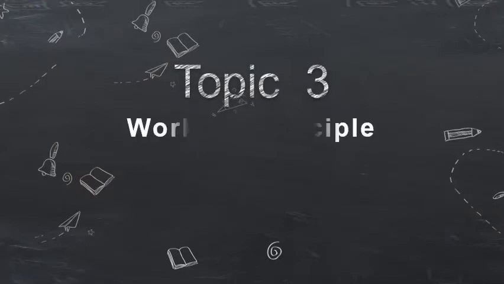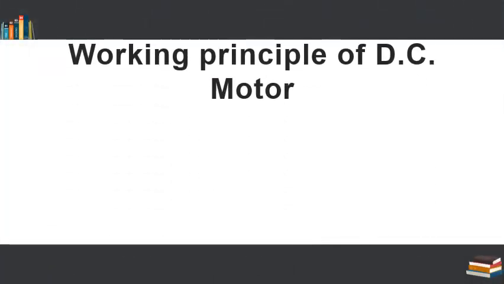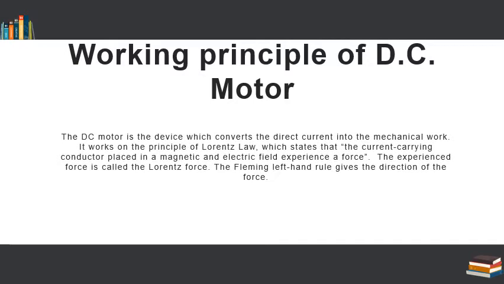The next topic is working principle of DC motor. The DC motor is a device which converts DC into mechanical work, or we can say that it converts electrical energy into mechanical energy.